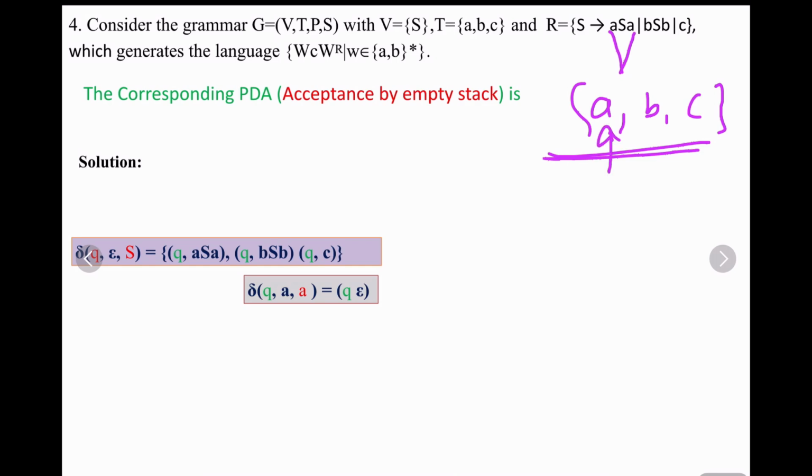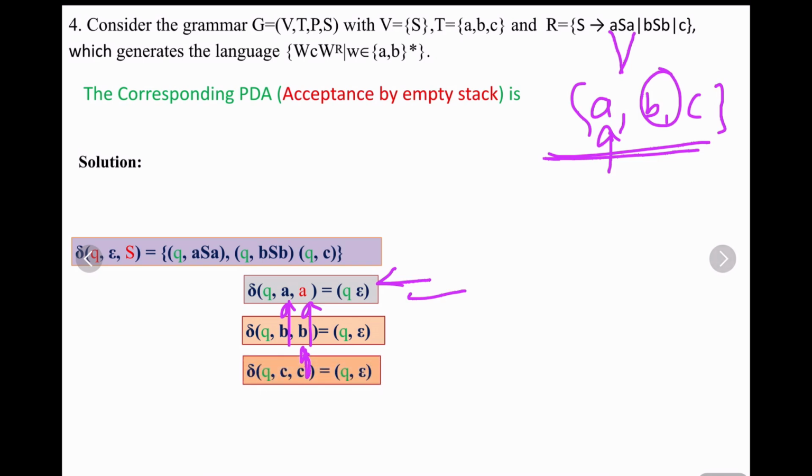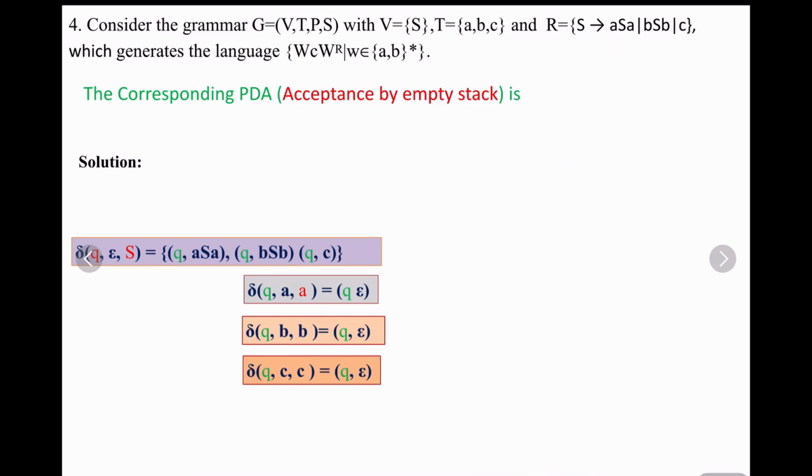That's the operation: delta of q, A, A, with A as input and A on top of the stack, then pop it. Similarly for the other cases: input is B, top of the stack is B, pop it. C is also a terminal symbol: input is C, top of the stack is C, pop it. So the push is over and all the pops are over.